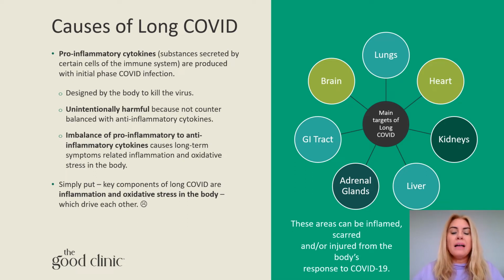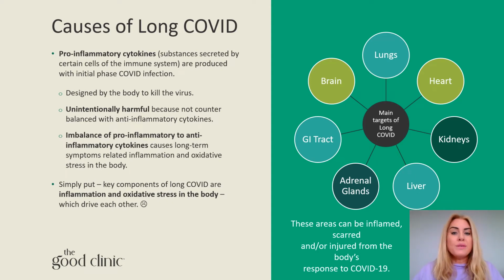So this imbalance of pro-inflammatory to anti-inflammatory cytokines is causing these long-term symptoms, and that is inflammation and oxidative stress in the body. So simply put, key components of long COVID are inflammation and oxidative stress in the body, and unfortunately they drive each other.